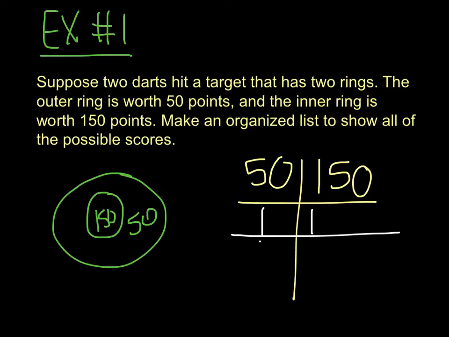Or they could both land in the 50, or they could both land in the 150. So here's our organized list with our 3 possible scores. It could be split, or both darts could fall on one of the 2 places.